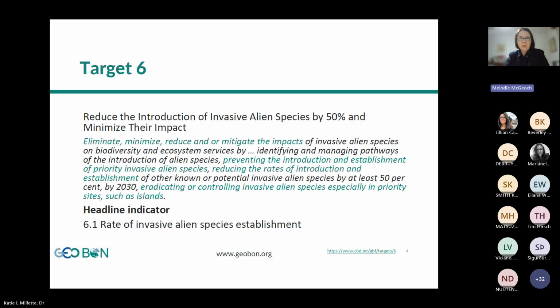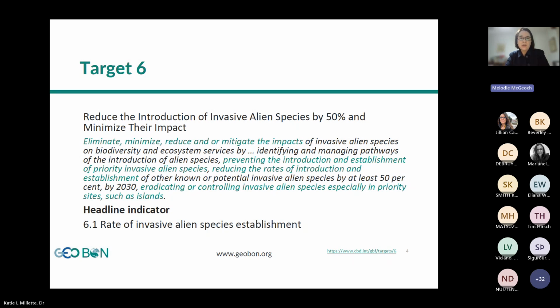So I'd like to start by making the point that when one looks at the target and reads the explanatory text underneath it, it becomes immediately clear that that one single indicator is not going to be adequate to address the multiple dimensions of this target. So in the green text there, we have an element of the target that has to do with impacts of invasive alien species.